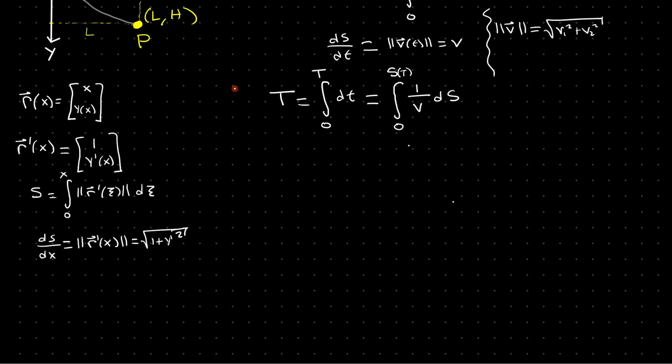So now to convert this integral right here into an x integral, we have that the total time of traversal is going to be the integral from 0 to L, because the value of L is the same as the x value when you're at the ending point, the final point of the curve. ds now is the square root of 1 plus y prime squared over v dx.